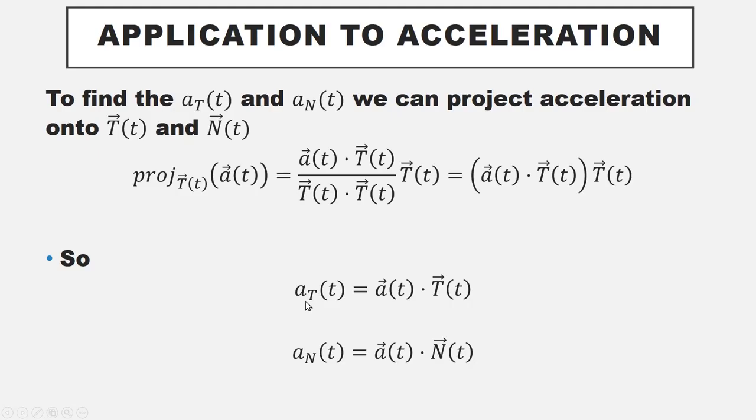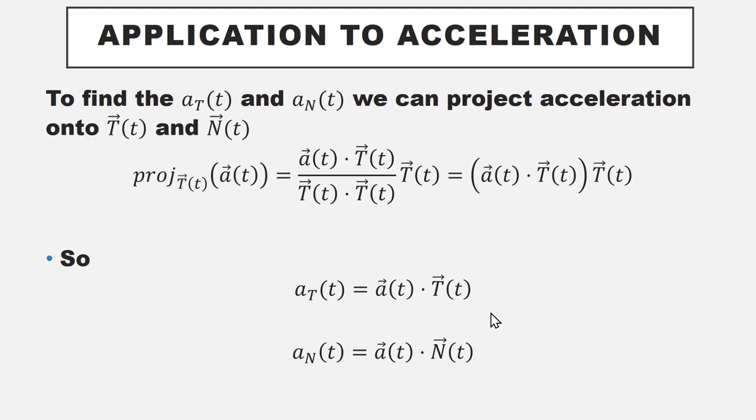So that means the coefficient of the unit tangent vector, the a sub t that we had on our last slide, is actually going to be just the dot product of acceleration with my unit tangent vector. And my a sub n is simply going to be the dot product of my acceleration with the unit normal vector.